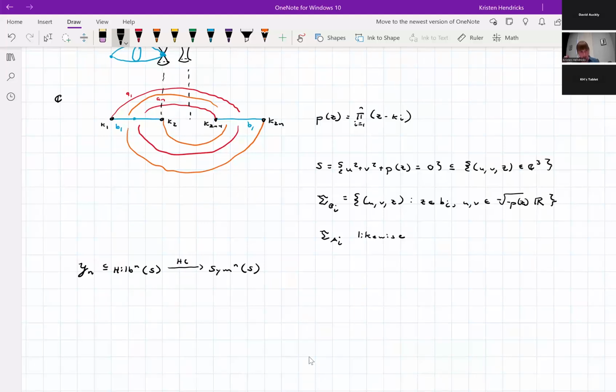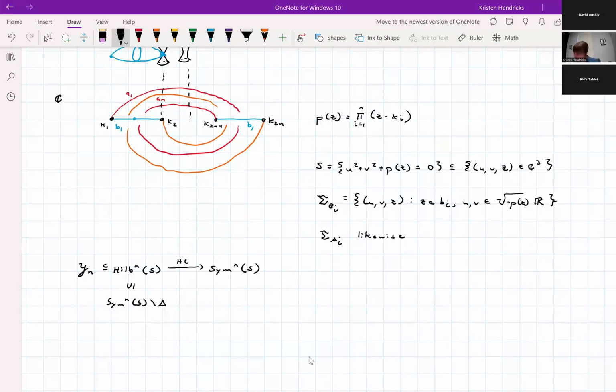The diagonal is the set of n-tuples of points where you have a repeated point, which is to say that sitting inside of this, we have, just as an embedded open subset, Sym n of S minus the diagonal. And then at the diagonal, to get from the symmetric product to the Hilbert scheme, you do some iterated blow up.